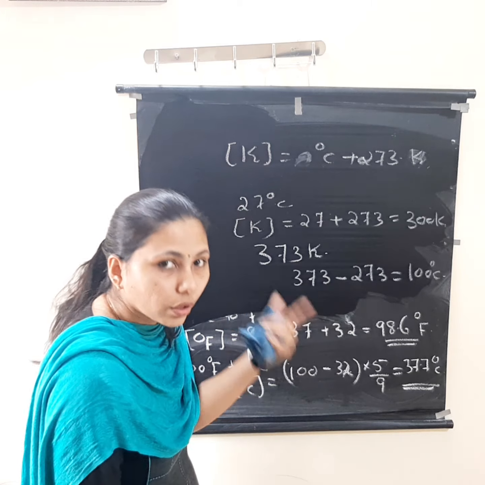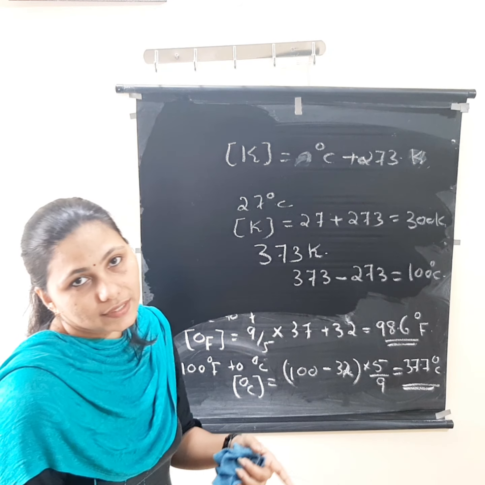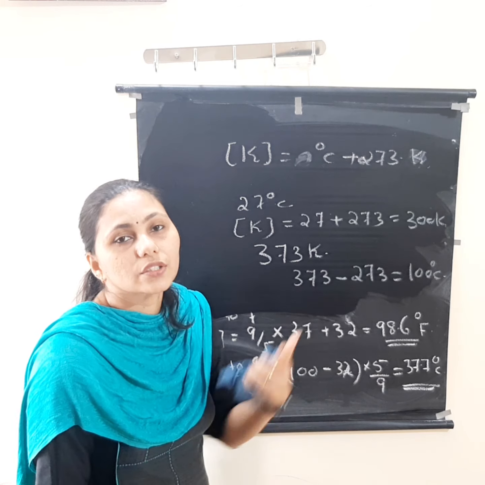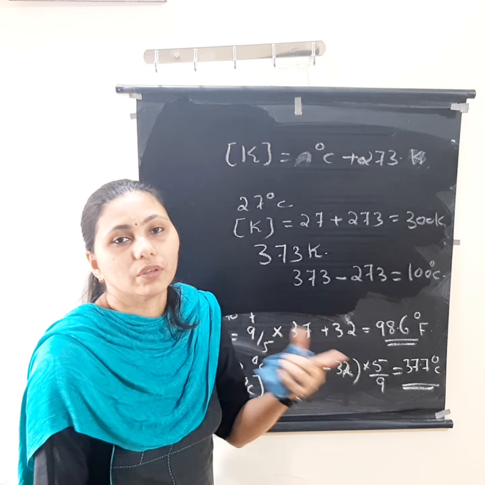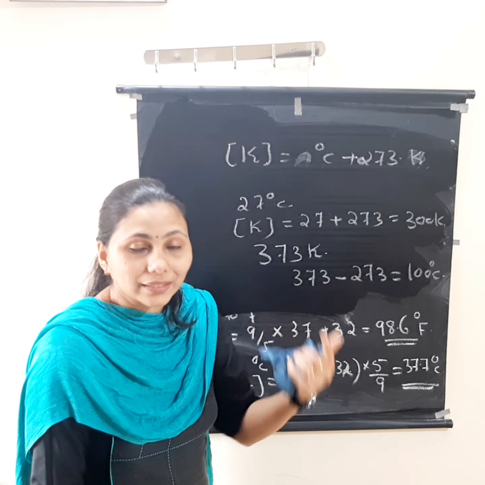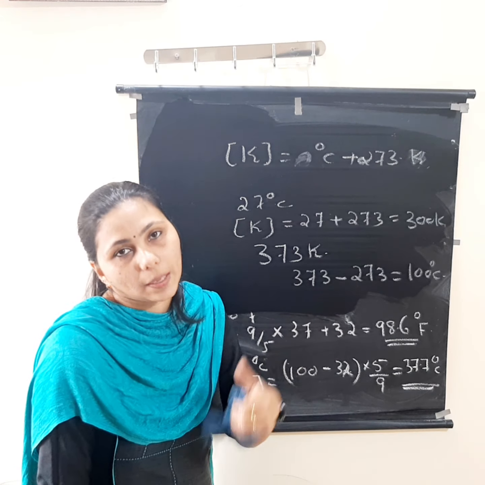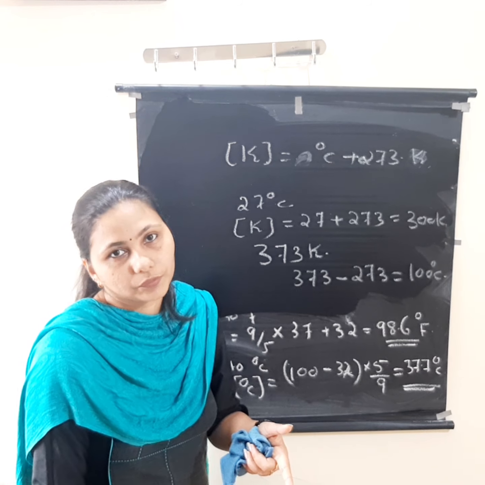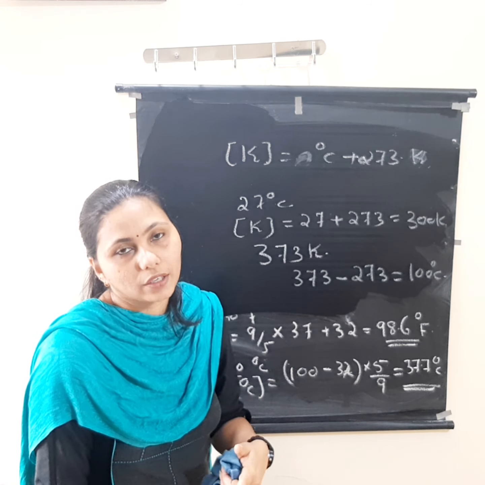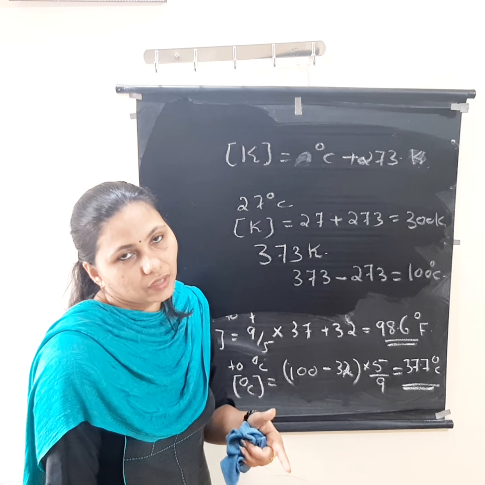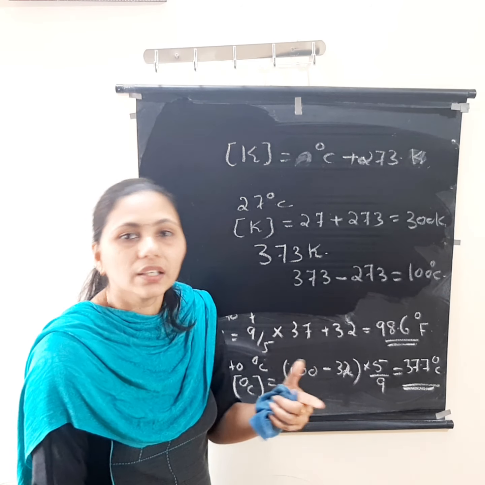So for conversion of degree Celsius to Kelvin, just take the given temperature and add 273, then we get Kelvin. Then for the given Kelvin temperature, to convert to degree Celsius, just subtract 273 from the given Kelvin value, then we get the temperature in degree Celsius.